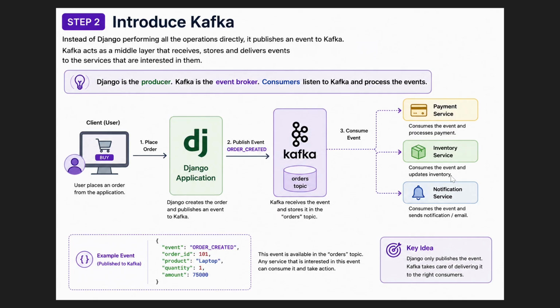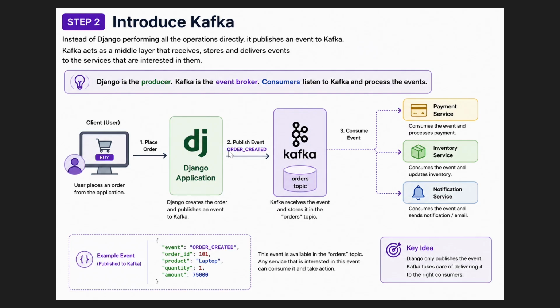Likewise, all the services to which we need to send the Kafka event should listen to that specific Kafka topic. The same Django application should publish the event to that same Kafka topic, and the consumer should also read from the same Kafka topic. So this is our architecture, how the data flows from the client to our independent services.